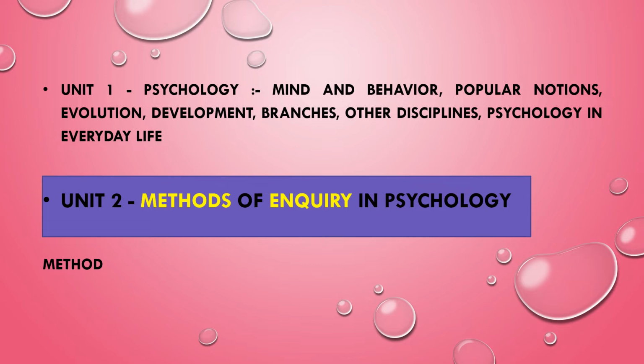Method means a particular way of doing something, especially a regular and systematic way of accomplishing something. And what is enquiry? It means to question something, to investigate, or to request information, or some process that seeks information.